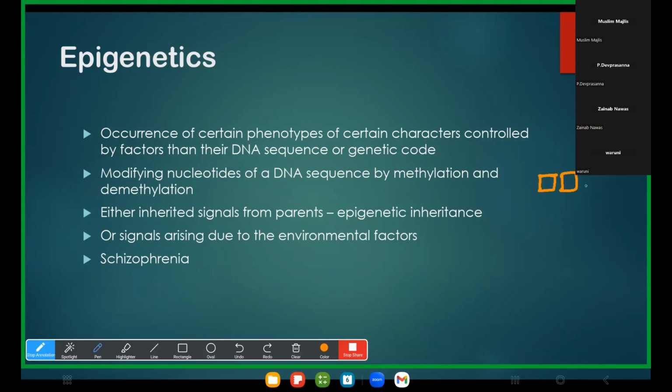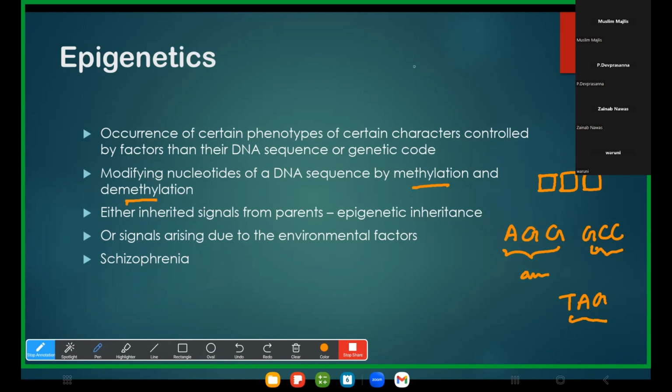So whether they have A, G, this would code for a specific amino acid, and this would code for another type of amino acid, and so on and so forth. But epigenetics is where we have the same nucleotide sequence or the same DNA sequence, but their function is altered because of the methylation or demethylation of the nucleotide.